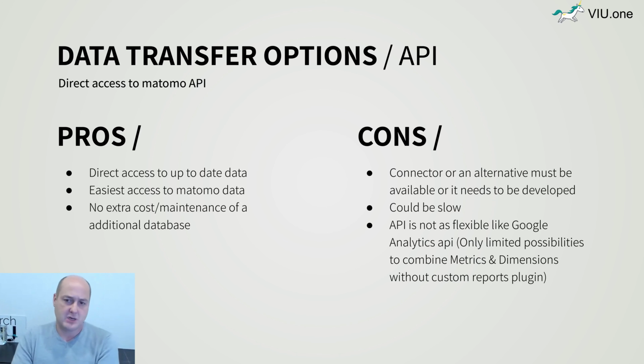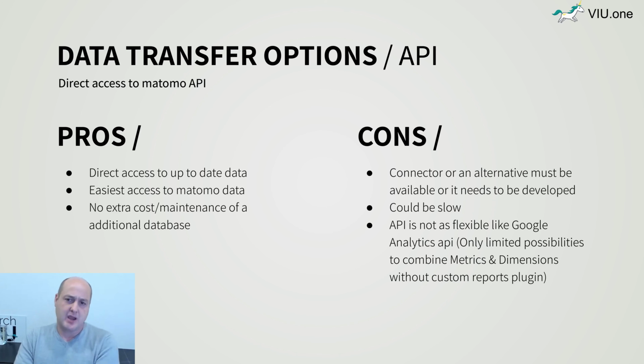It could be slow, like other solutions, if you want to access a wide range of data. Also, we take a look at that. And the API, that's something that needs to be mentioned. Many people have worked with Google Analytics before, and perhaps they know the Data Studio connector for Google Analytics.